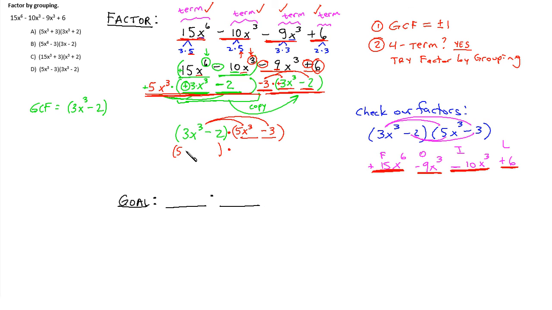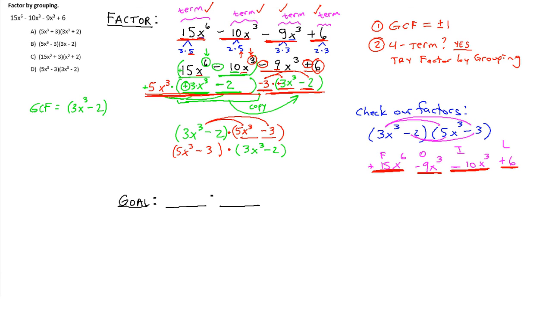We could see in the answer choices 5x to the third minus 3 times, and as the second factor, we could then see this green factor, 3x cubed minus 2. Because two things multiplied this way, if we rotate them around, they produce the same result, just as 2 times 3 is 6, the same as 3 times 2 is 6.